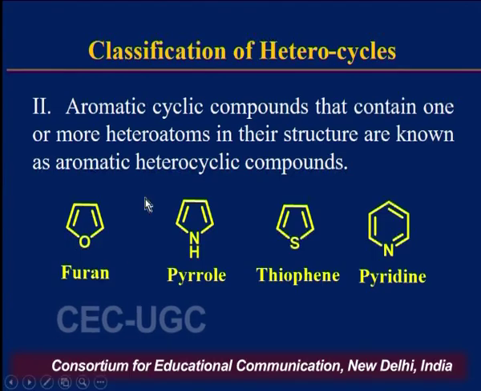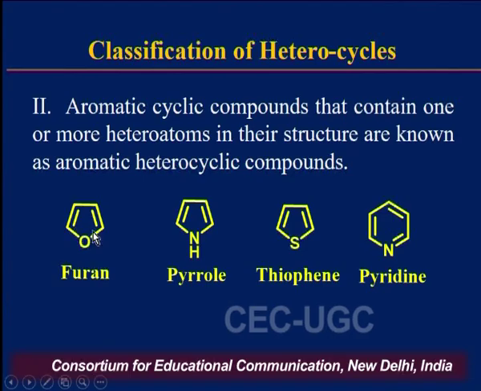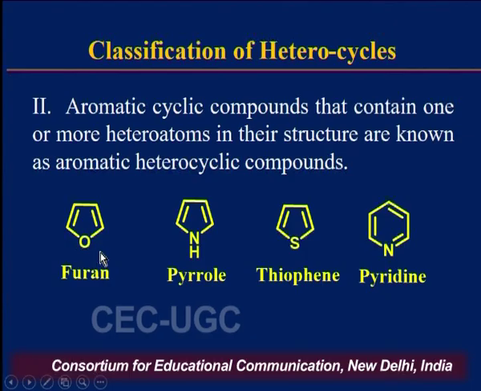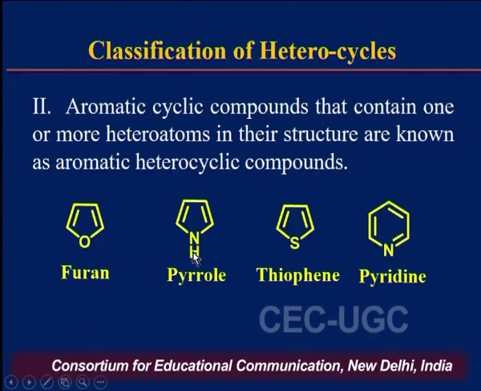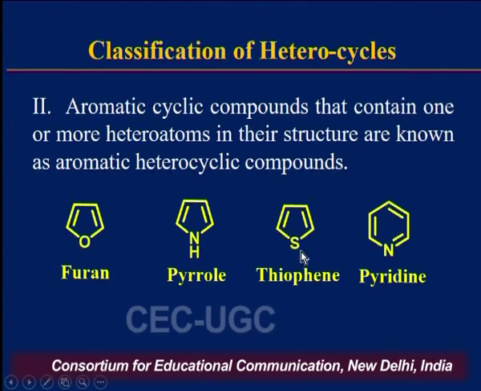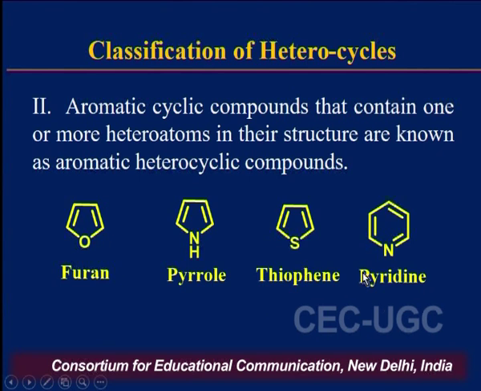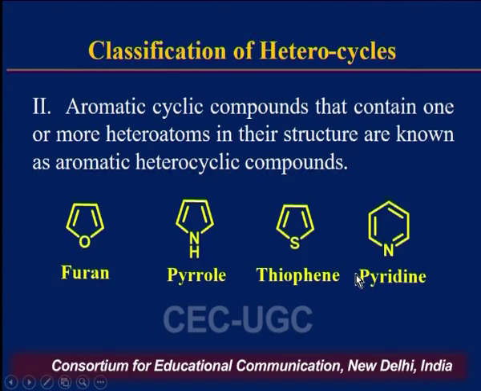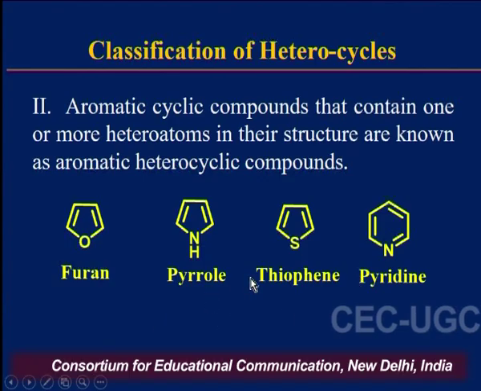If we have a 5-member ring with unsaturation and oxygen, then we call it furan, and it's an aromatic heterocyclic compound. If there is nitrogen in a 5-member ring and the ring is unsaturated, then it is pyrrole. In the case of thiophene, the heteroatom is sulfur, and in the case of pyridine, the heteroatom is nitrogen and the ring size is 6-member. So these are examples of aromatic heterocyclic compounds.